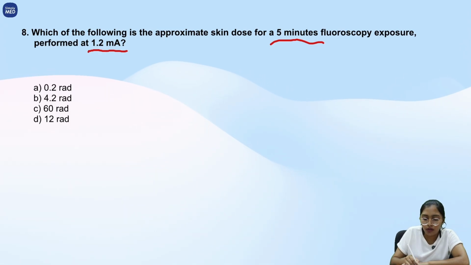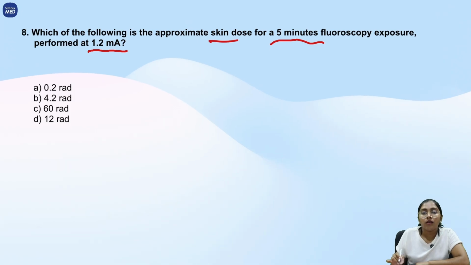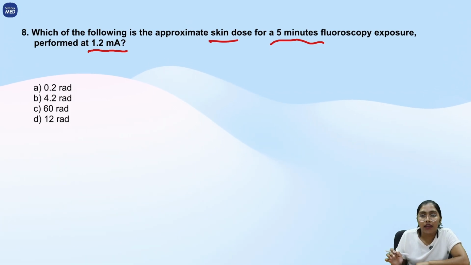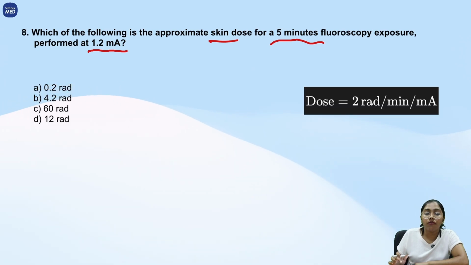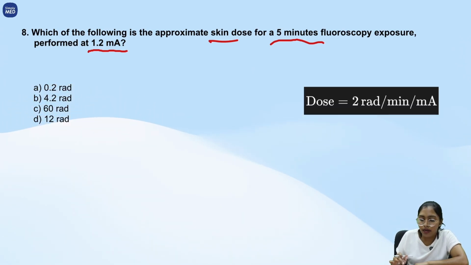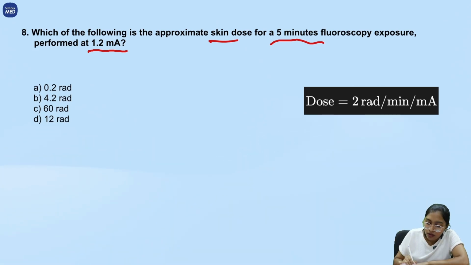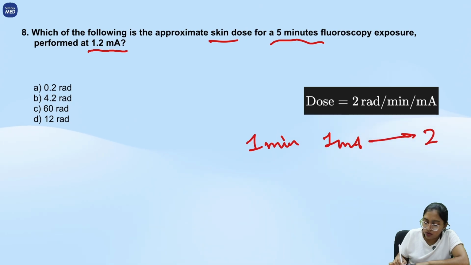We have to find out the skin dose. We have an NCRP guideline that recommends the maximum skin dose from a fluoroscopy exposure should be within 2 rad per minute per mA. That means for 1 minute, for 1 mA, the maximum skin dose should be 2 rad.